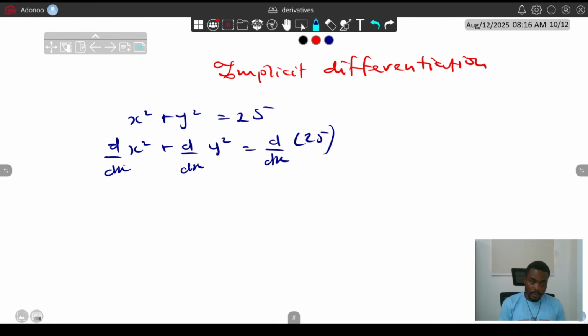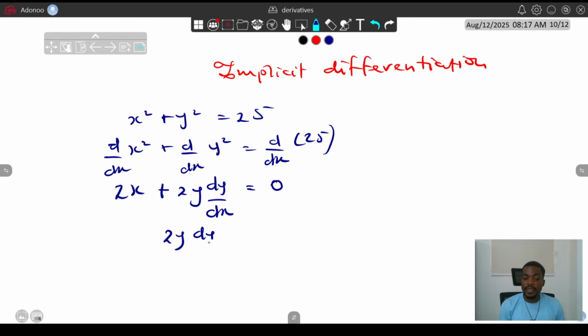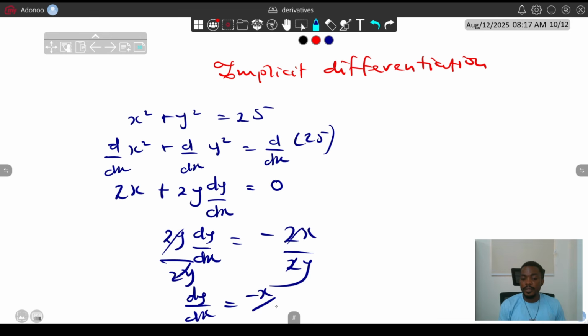When we do this, this gives us 2x plus 2y dy dx equals 0, since it's a constant. So we need to make dy dx the subject: 2y dy dx is equal to minus 2x. We divide both sides by 2y, and then dy dx is equal to minus x over y. So this is implicit differentiation for you.